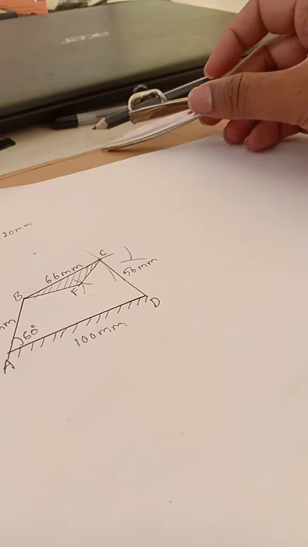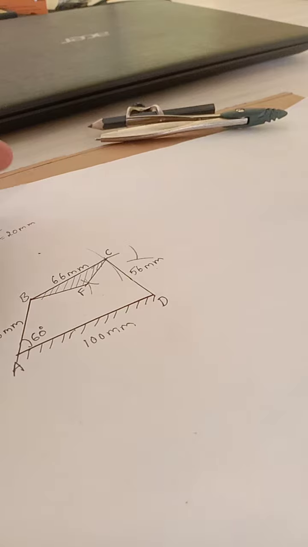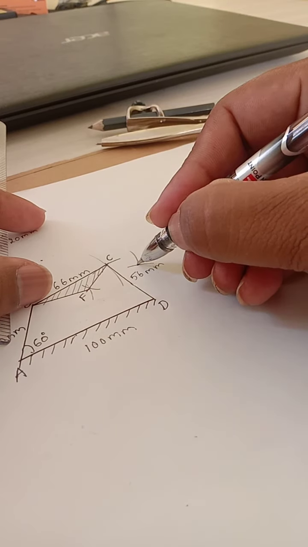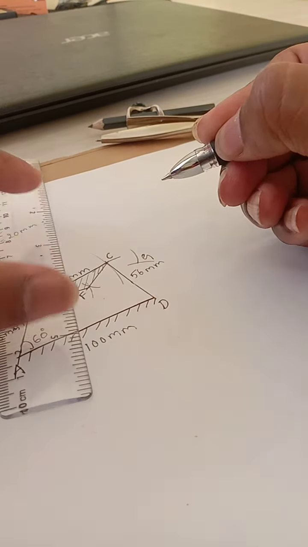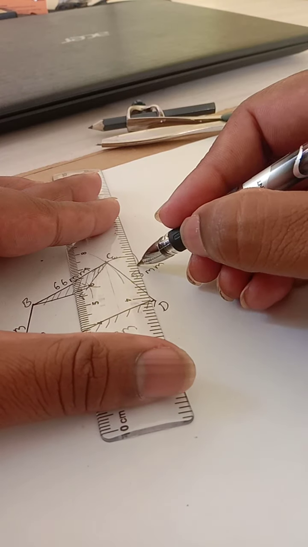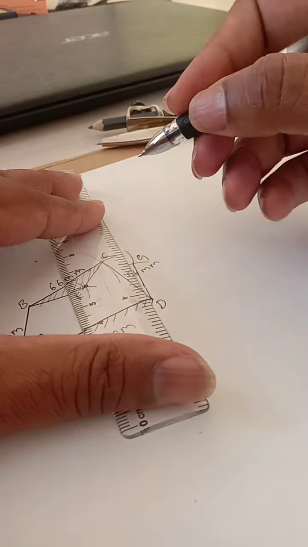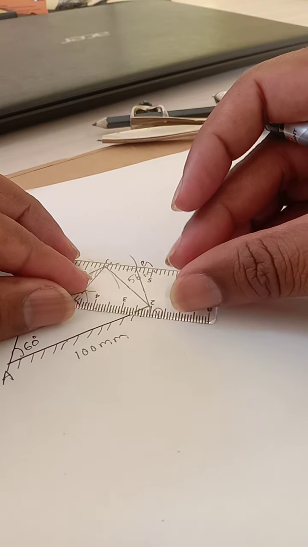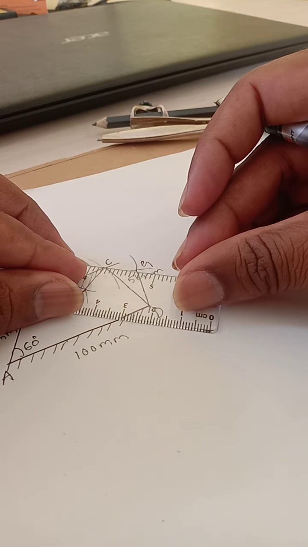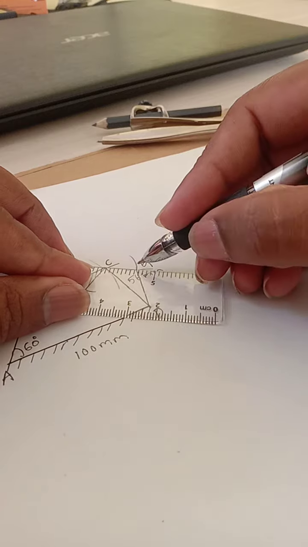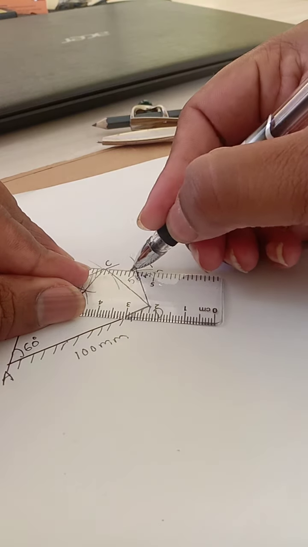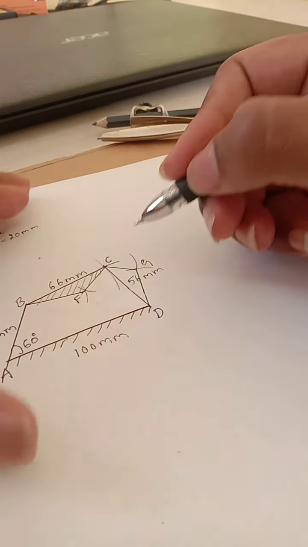I got the intersection point, and this point is nothing but G. So I am joining this, and now my CD link is also ready.